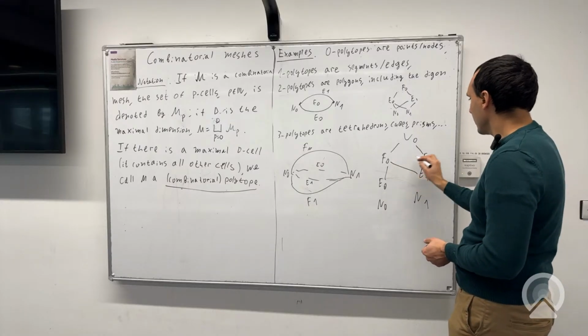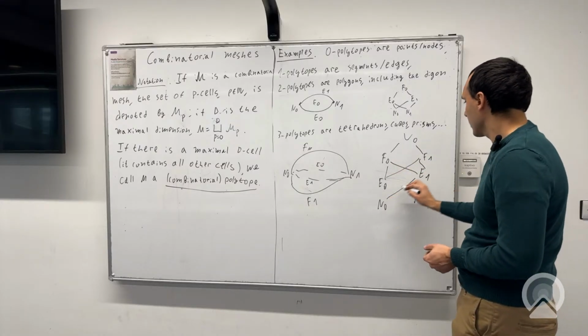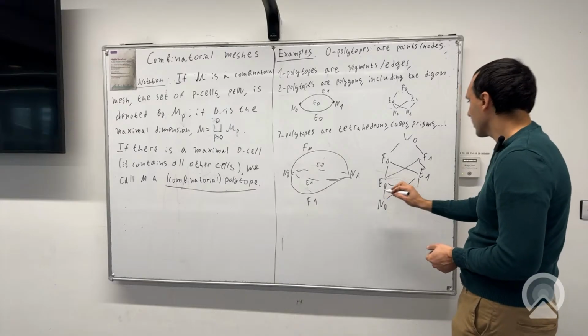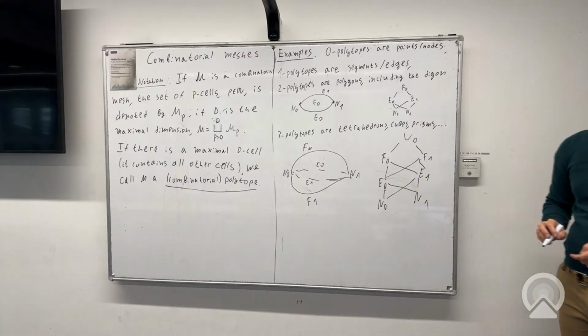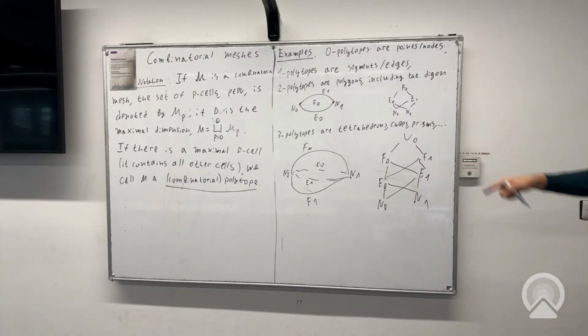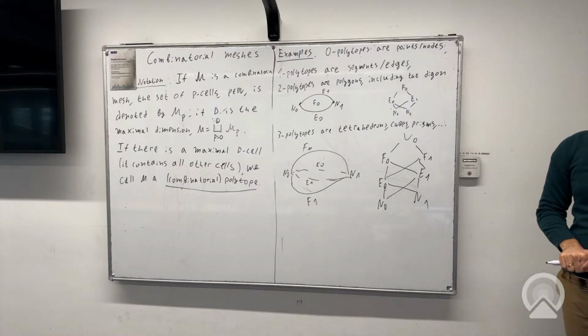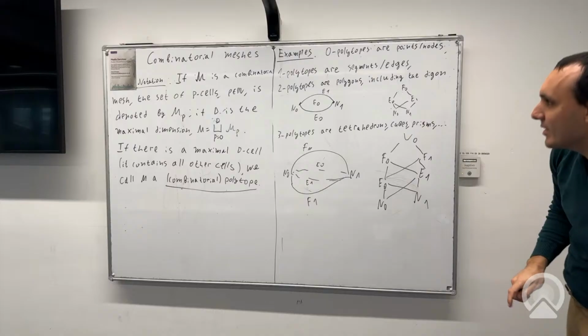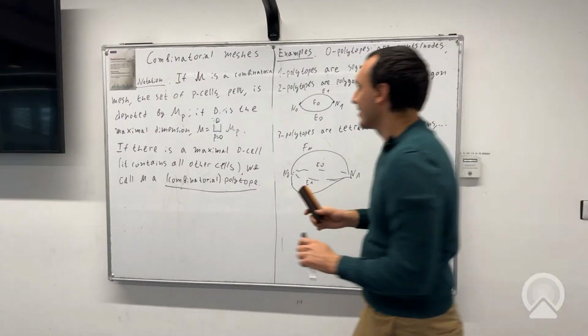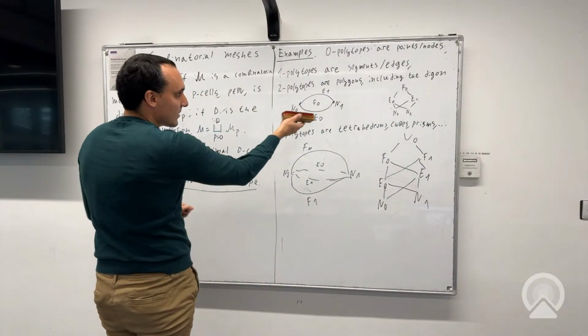And we have all the possible cells. This is the Digon analog in 3D. I don't know, maybe there exists some name, I'm not sure. I didn't invent the Digon.